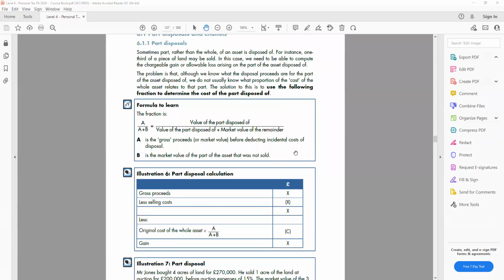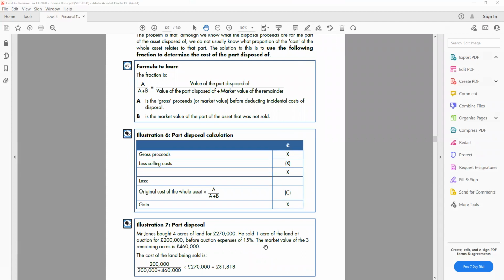The next one, we have a part disposal. To do the part disposal, you have to remember this formula. You have the value of the part disposal, A, divided by A plus B. A is the value of the part disposal, or market value, before deducting the incidental cost of disposal.